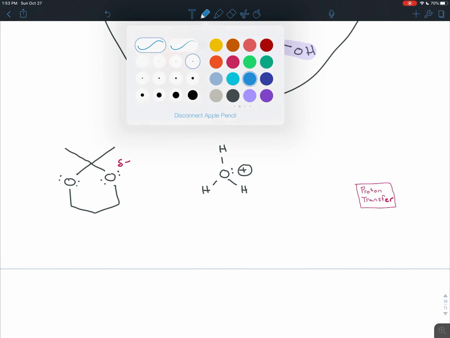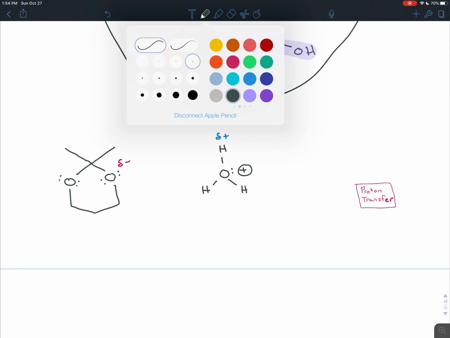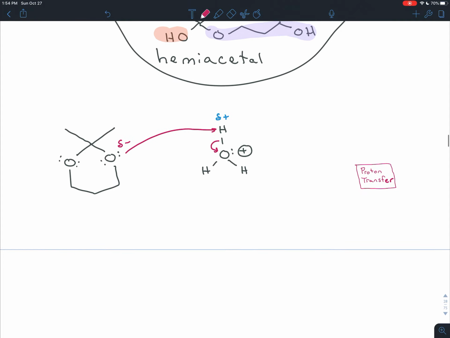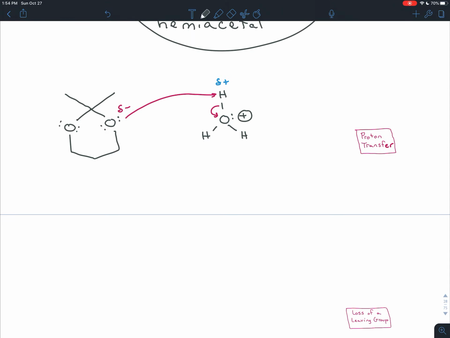And the slightly negative oxygen in the ether will be attracted to one of the slightly positive hydrogens in the hydronium. So the ether oxygen will stick to that, it'll pull the hydrogen off, and the electrons that were keeping it on the molecule will snap back onto the oxygen to help stabilize its positive charge. So that's proton transfer. We're transferring this hydrogen, or the proton, H+.